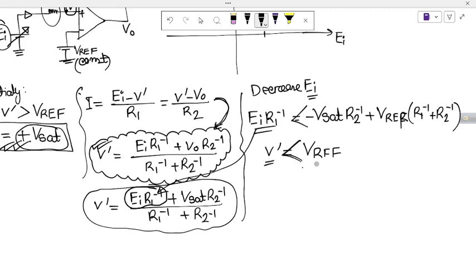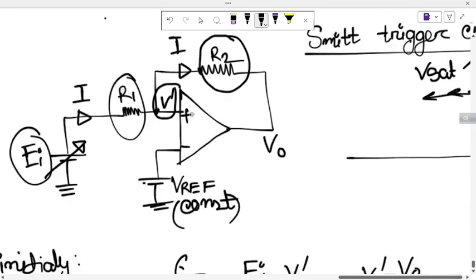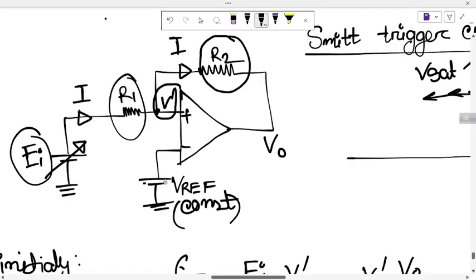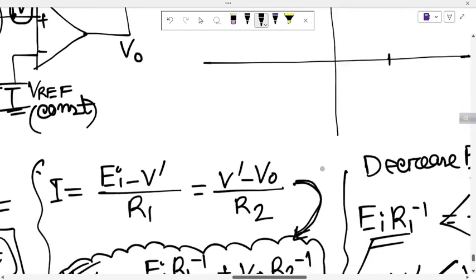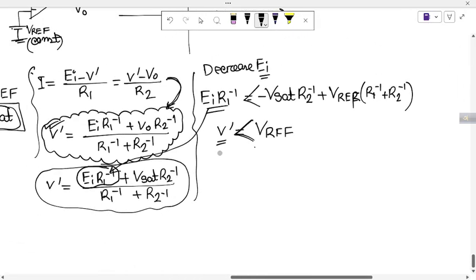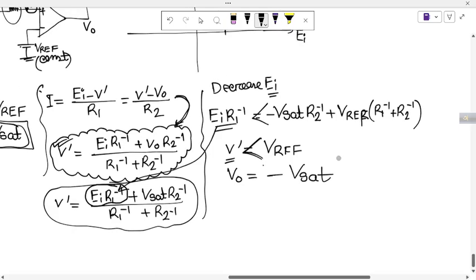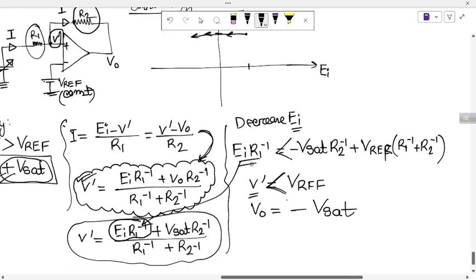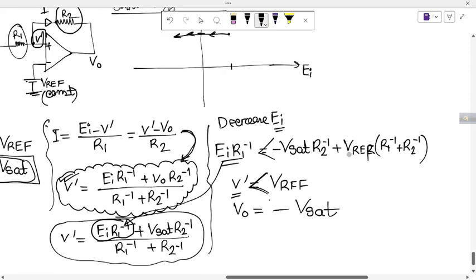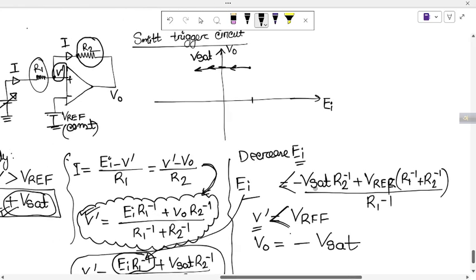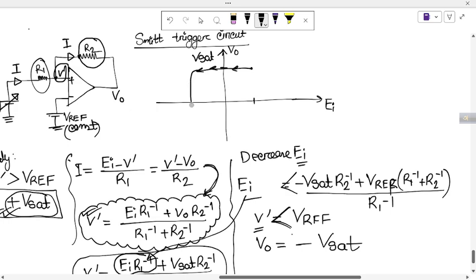When V prime is less than the reference voltage, the output voltage is negative Vsat. So when EI is less than this value, the output voltage jumps to negative Vsat, and we obtain a graph like this.